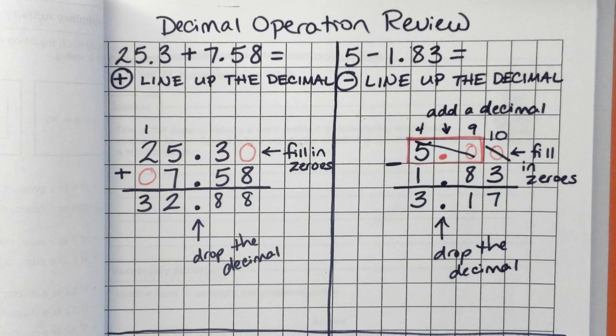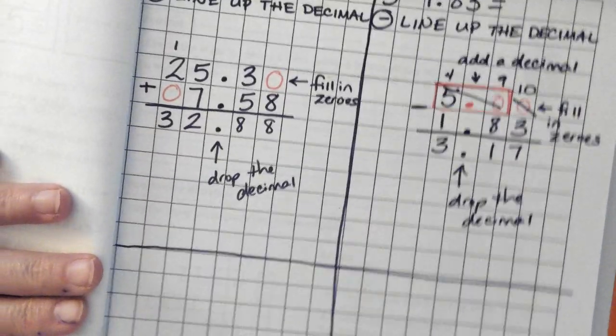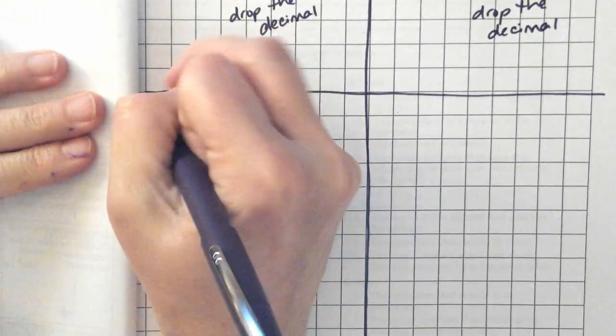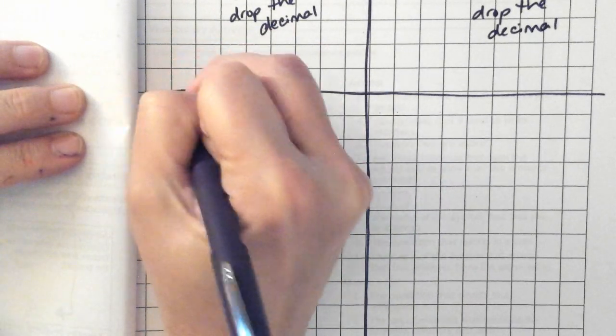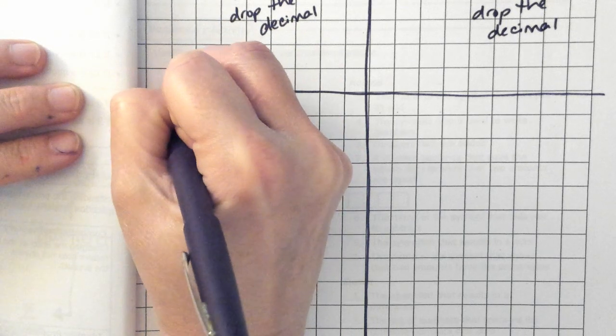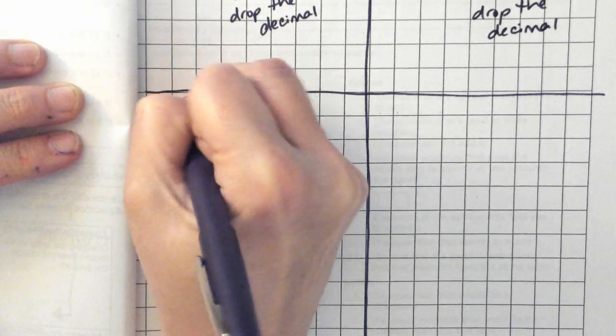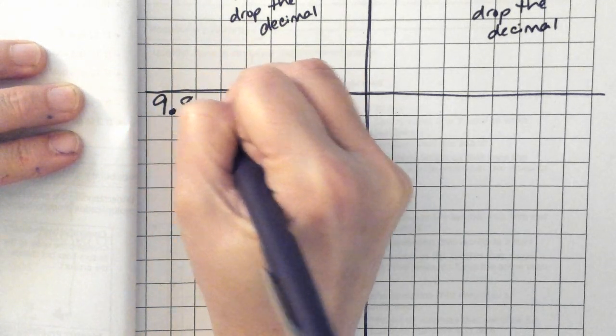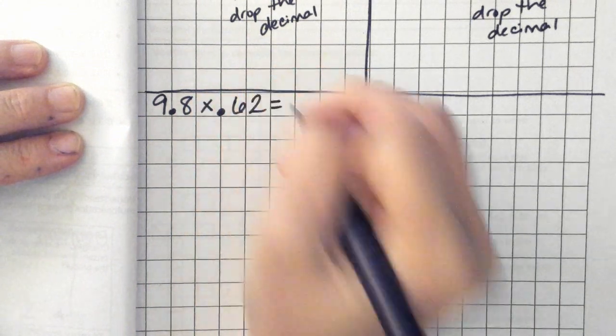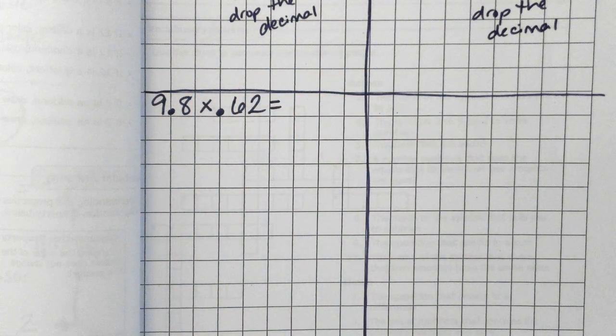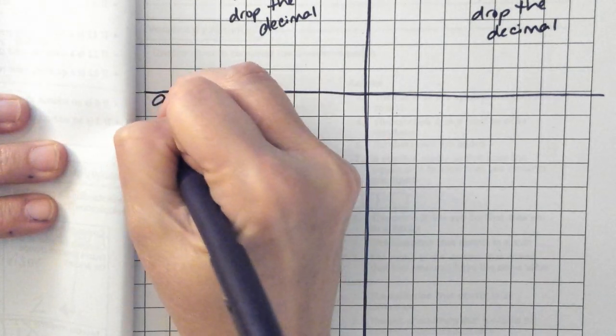Okay. Now we're going to do a multiplication. So I'm going to come down here. Okay. And I'm going to do 9.8 times 0.62. 9.8 times 0.62. I'm going to write that multiplication symbol.